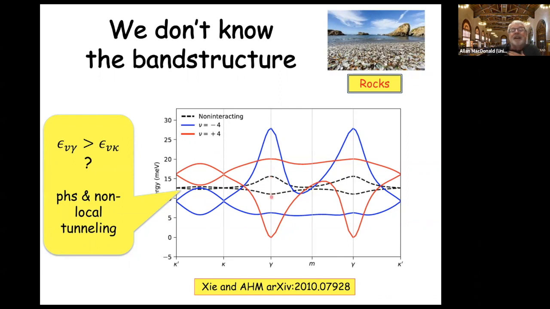So we get these bands like this. The top of the conduction band and bottom of the valence band is at gamma in all these calculations, and exactly how far the energies go away at gamma is sensitive. But the band structure in these systems has to be strongly dependent on band filling factor just from mean field effects.